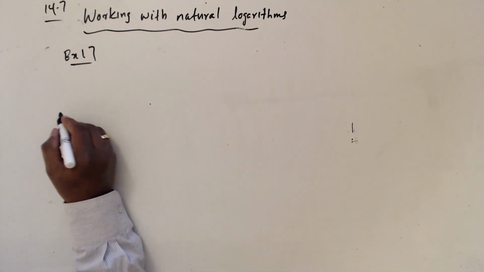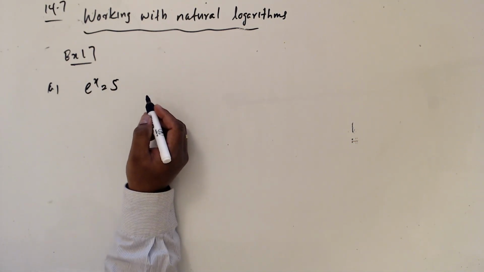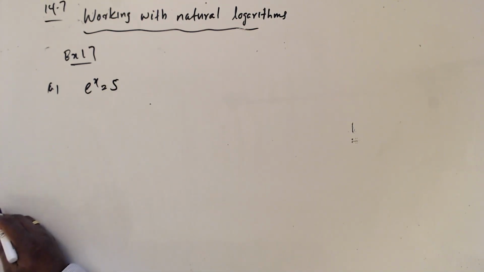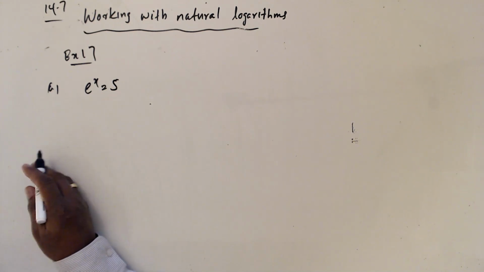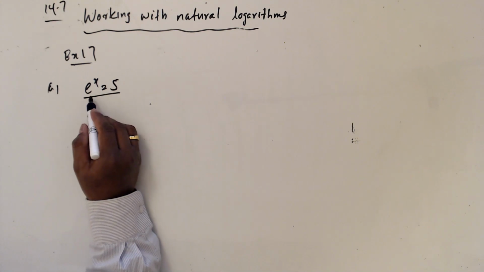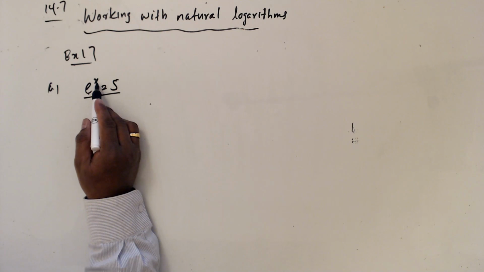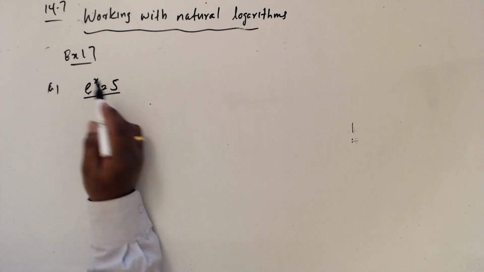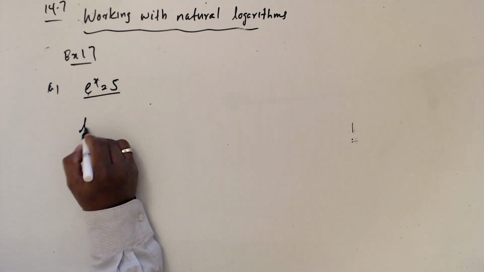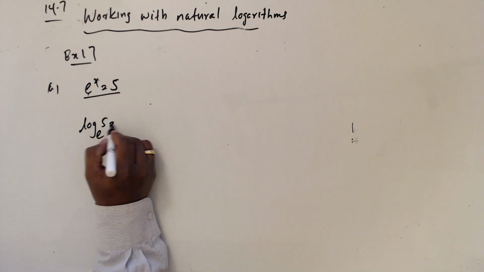Example 17a: e to the x equals 5. Now you can work in two ways. First of all, by looking at the first principle. What is the first principle? This is the power and this is the base. So when we apply log, the base is going to be the base, and this 5 equals the power x.